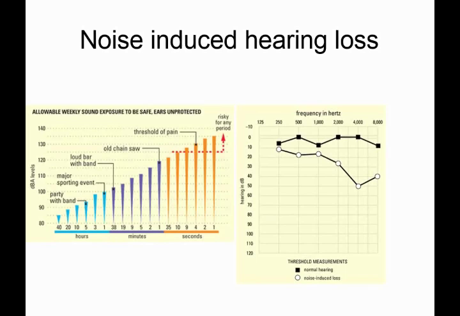These people now retire, and many of them have a noise-induced hearing loss, and they sue their employers from then, and they usually win, because people didn't take much notice of the then already existing allowable weekly noise dosage. These days they do, they have to, because they recognize how expensive that is.